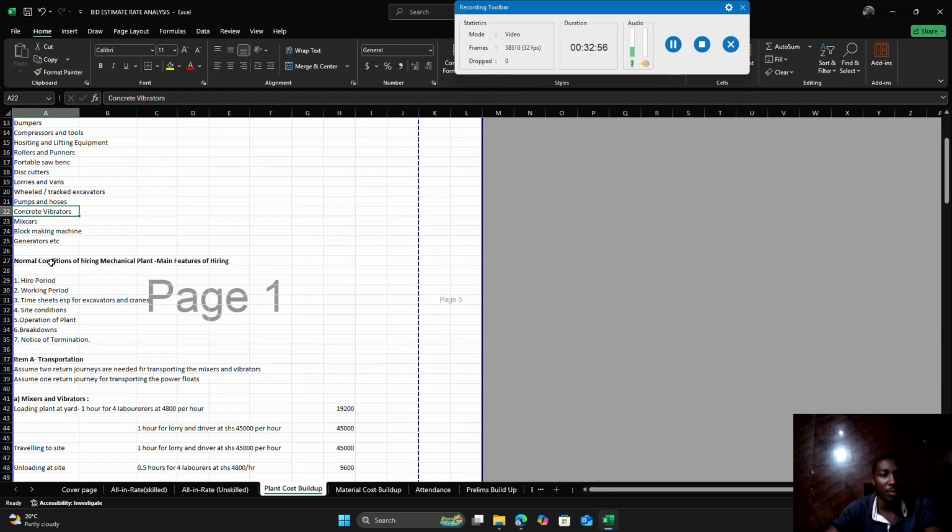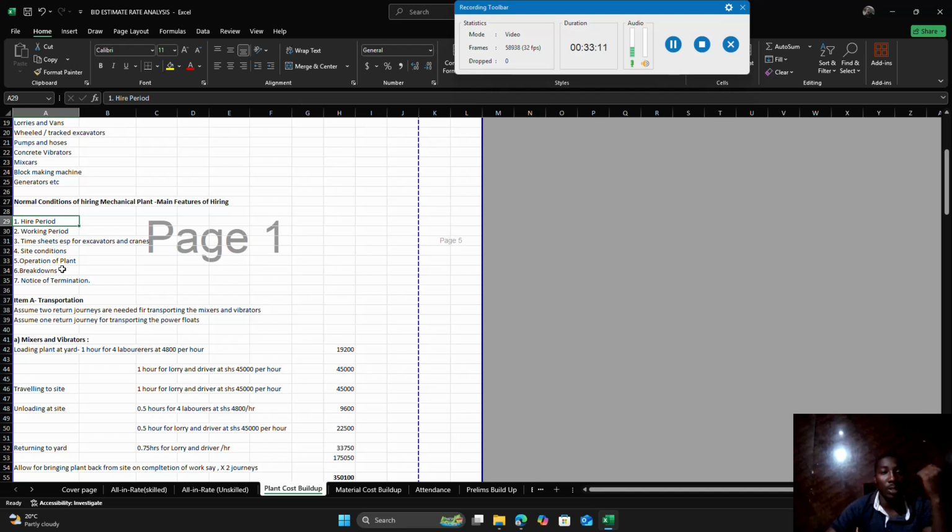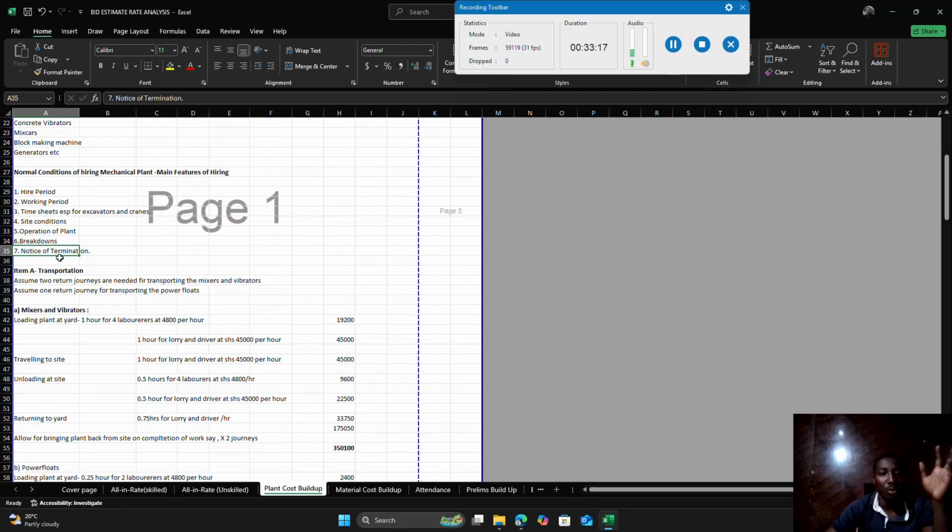So all those machines you may need. One, we have the normal conditions for hiring the mechanical plant. The main features of hiring: hire period, working period, time sheets, especially for the excavator and crews. You'll have to keep records, site conditions, operation of the plant, breakdowns, and notes of termination. So these are the normal.